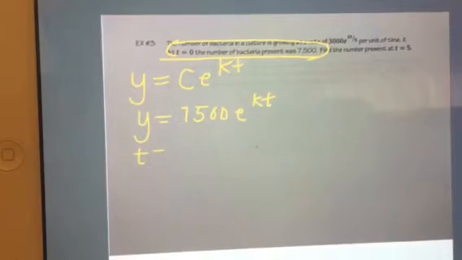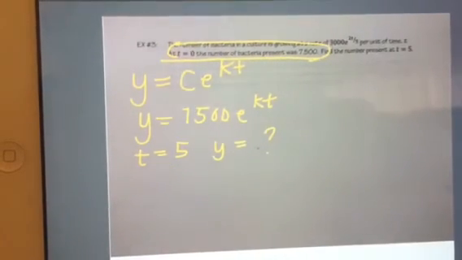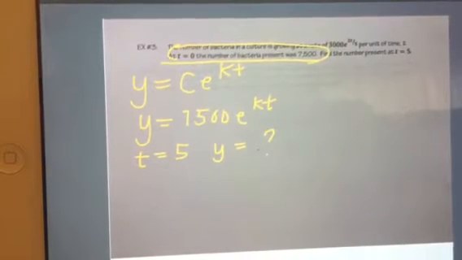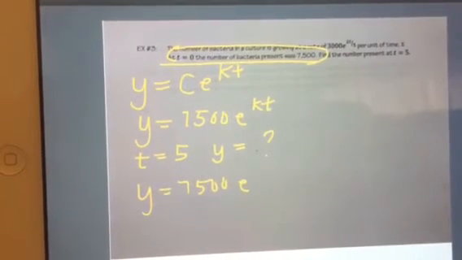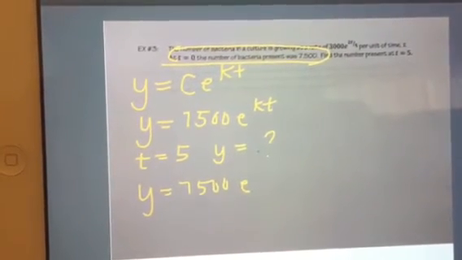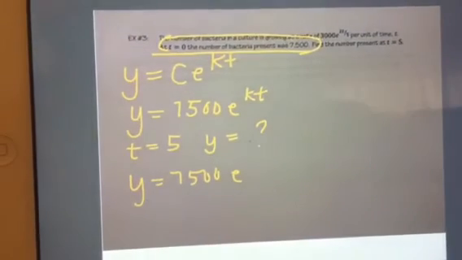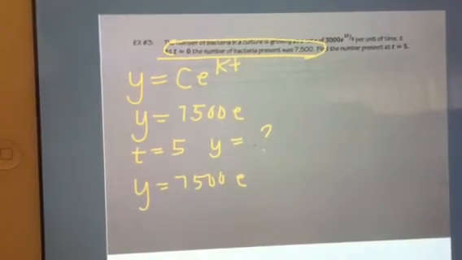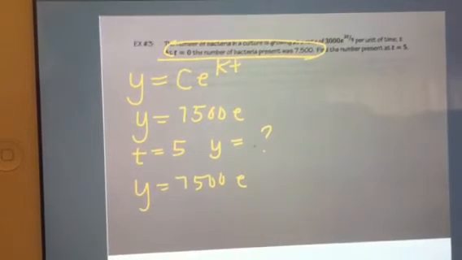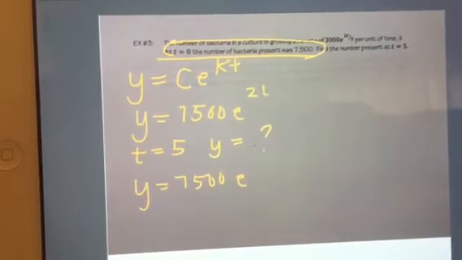So now, when t is 5, they want us to find the number of bacteria present, so they want us to find y. All we need to do is substitute in our values. This should have been (2t) divided by 5.